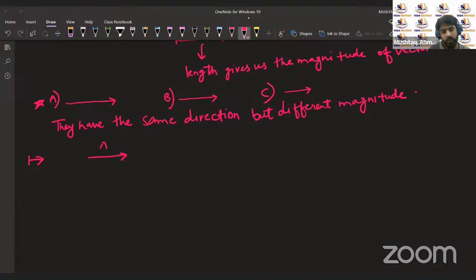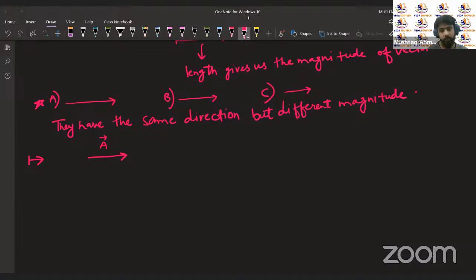We give a symbolic representation of this as A and put an arrowhead on this symbol A. It means that this represents a vector. So this is how we represent a vector. The length of this vector tells us about the magnitude of this vector, and the arrowhead of this vector gives us the direction of this vector.